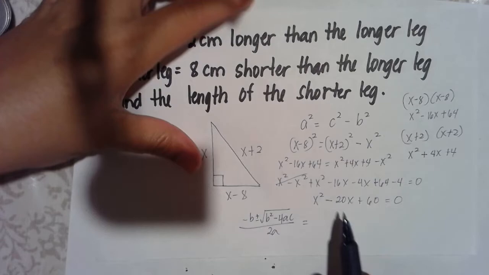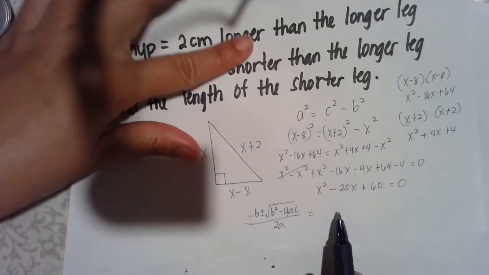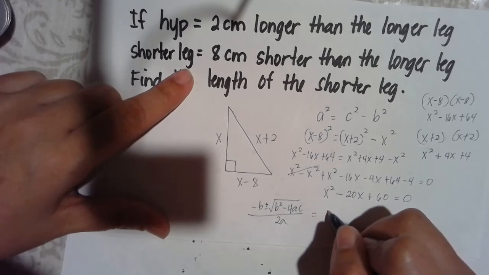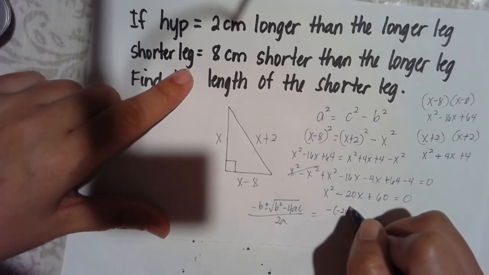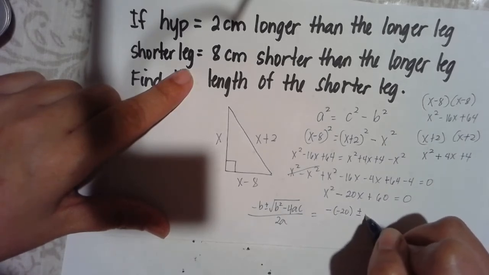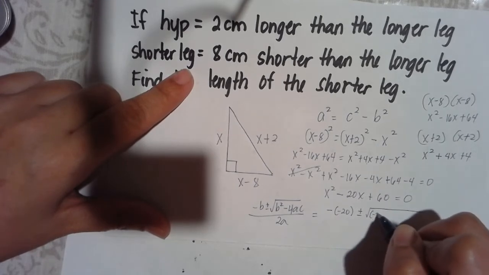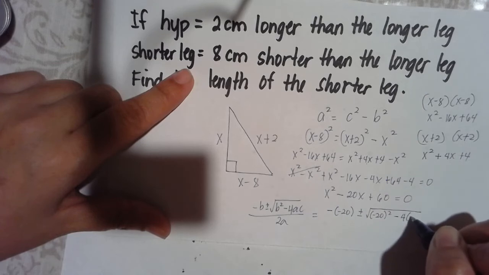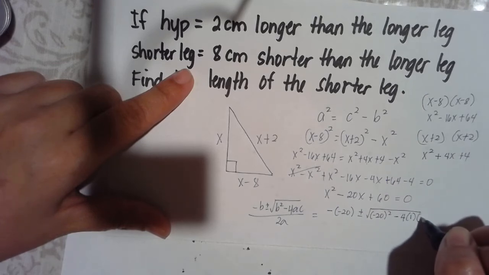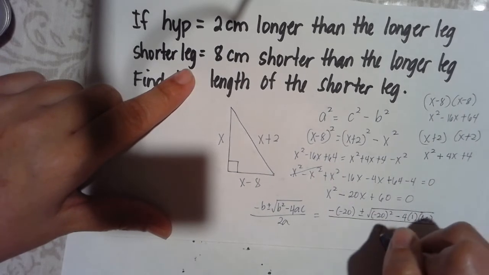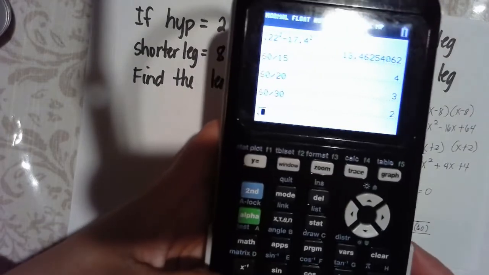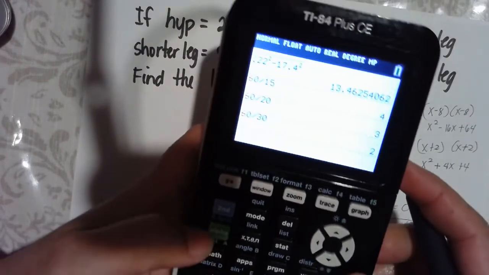The quadratic formula is x equals negative b plus or minus the square root of b squared minus 4ac, all over 2a. So I will plug in. Your b is negative 20, so that will be negative negative 20 plus or minus the square root of negative 20 squared minus 4, where a is 1 and c is 60, all divided by 2 times 1. I will plug this into a calculator.